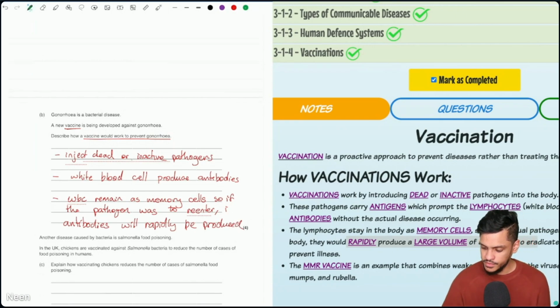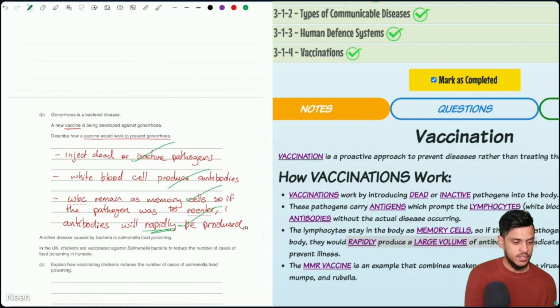Okay, so we get a mark for this, we get a mark for this. Memory cells you get a mark for, and if antibodies, and they say it will rapidly be produced.